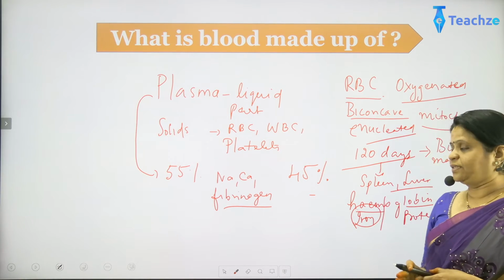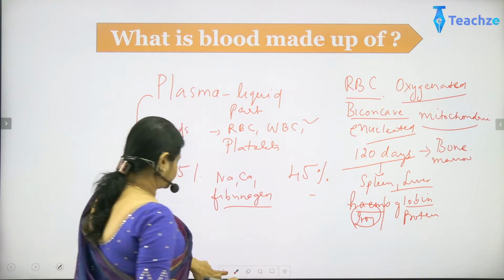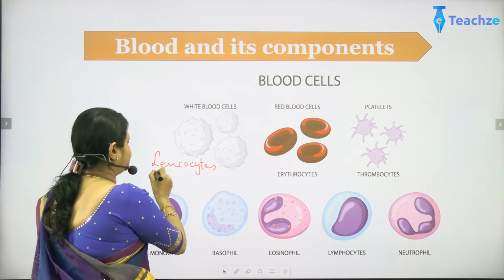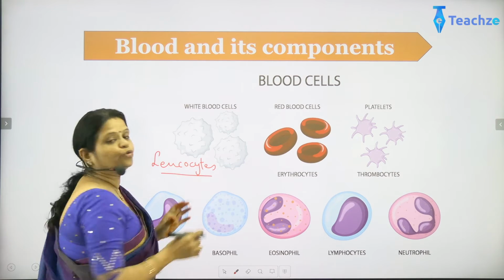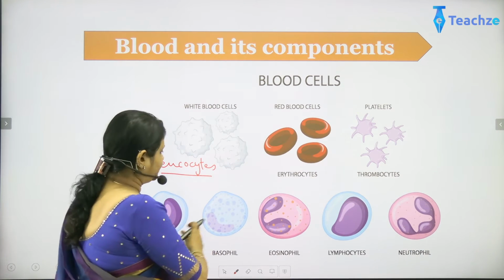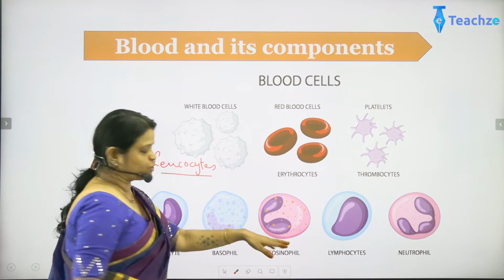Now let's look at the next one, which is called the WBCs. Here you have the WBCs, otherwise called the leukocytes, we said. Leukocytes are generally made up of 5 different types. You can see it on the screen. This is the eosinophil.